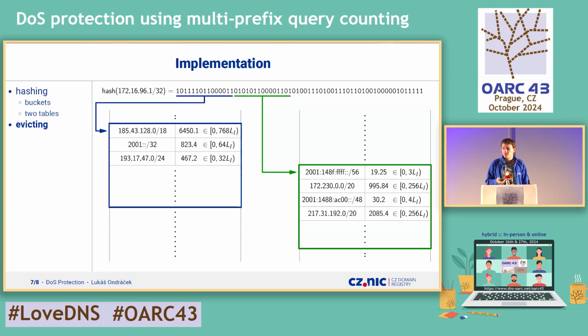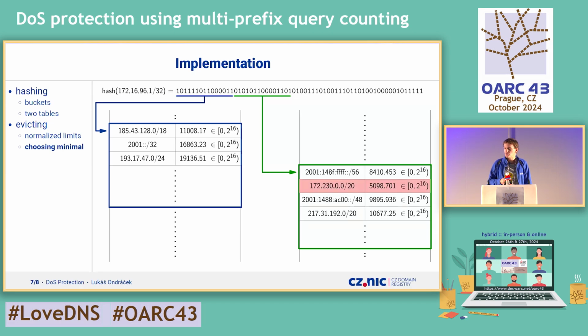So we start with normalizing the values to the same limit. Let's say the limit is 16. And we also rescale the increments for this. Now when the value is higher, it is closer to restriction, so it is more important. So we find the lowest value and we want to evict it.